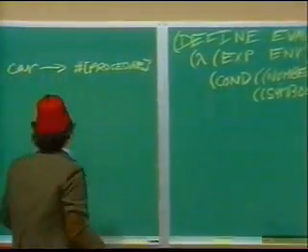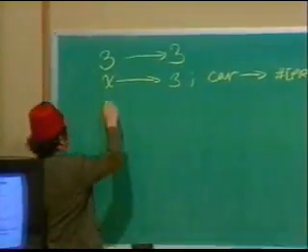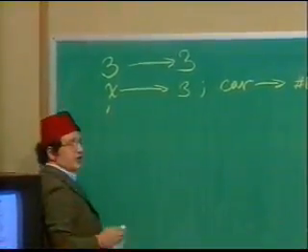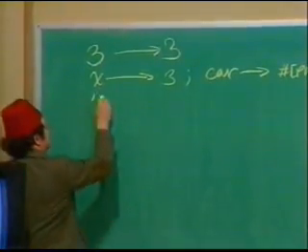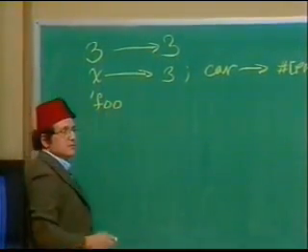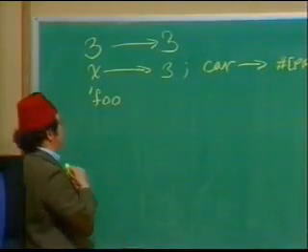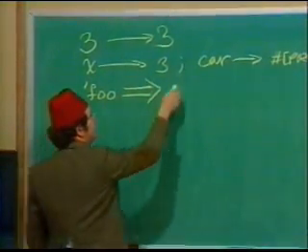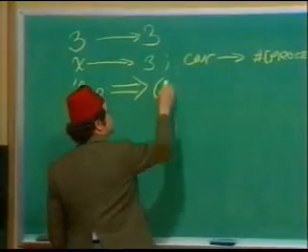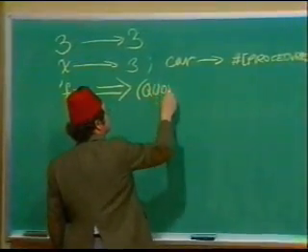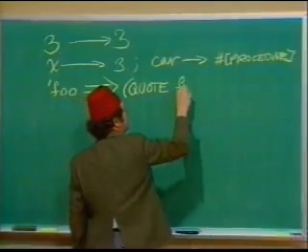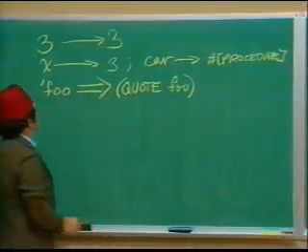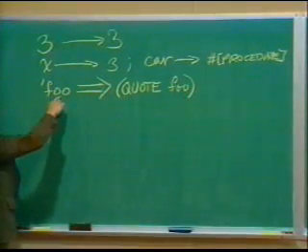Well, the next thing, another kind of expression. You have things that are described constants that are not numbers, like foo. Well, for my convenience, I want to syntactically transform that into a list structure which is quote foo, a quoted object.